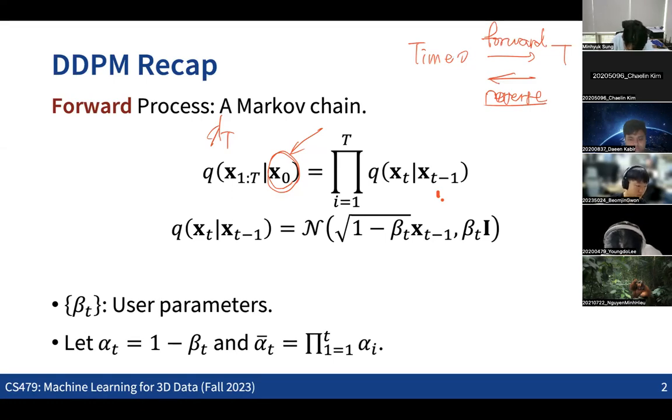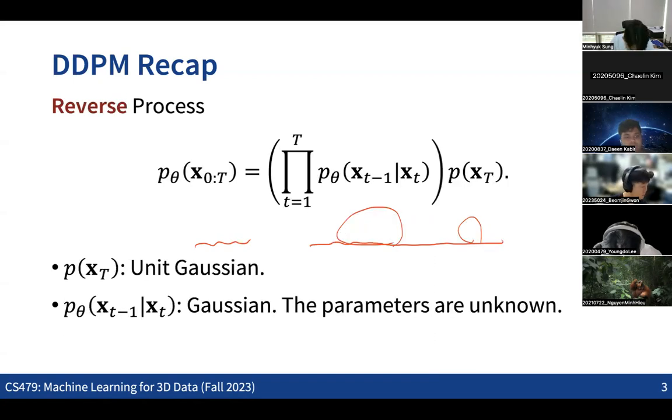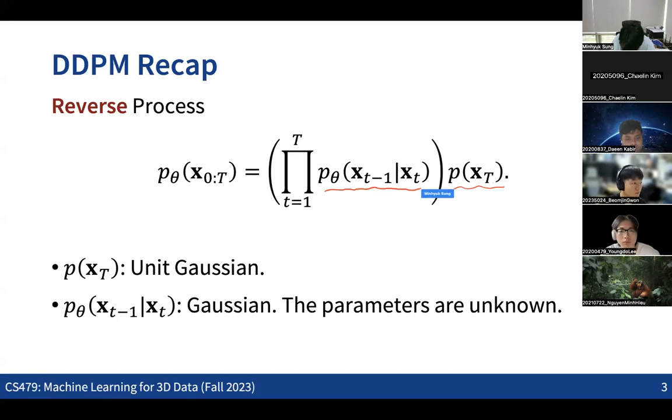So this was the forward process, and we modeled each single transition as a Gaussian distribution like this. These are all the usual parameters that we can choose. When you define the forward process like this, the reverse process is also defined as another Markov chain, starting from the unit Gaussian and going back to the data distribution with this kind of Gaussian transition.